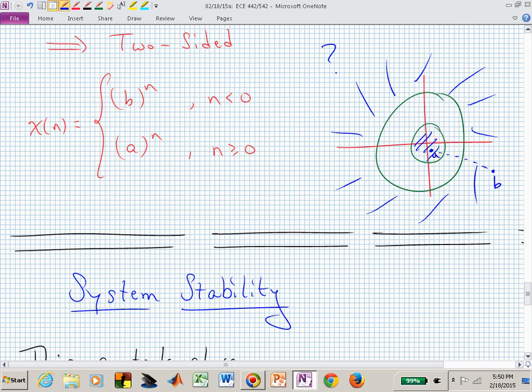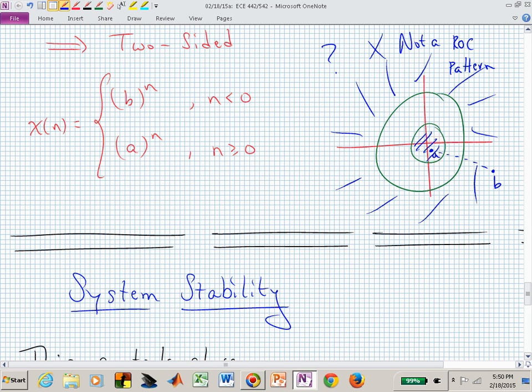Your region of convergence can't leave the region of convergence to go to another point in the region of convergence. So this is not a valid region of convergence pattern. Does that help answer your question?